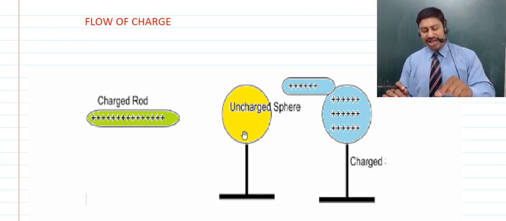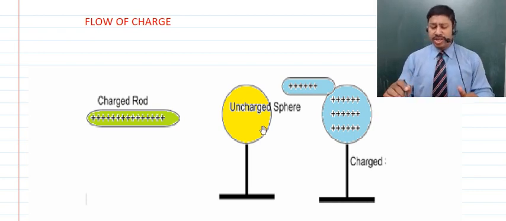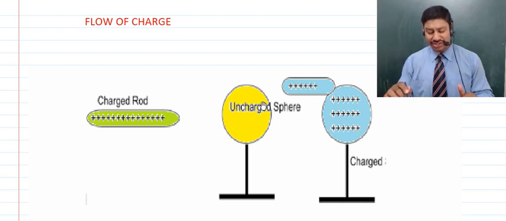Now when the charged rod is brought in contact with the uncharged sphere, which is here, then obviously the uncharged sphere has an equal number of electrons and an equal number of protons. As such, it is uncharged. But when the charged rod is touched with the uncharged sphere, then the same type of charge is going to develop in both of these conductors.